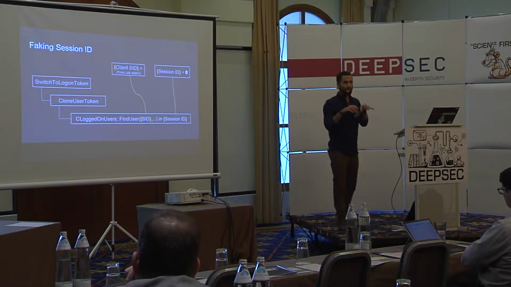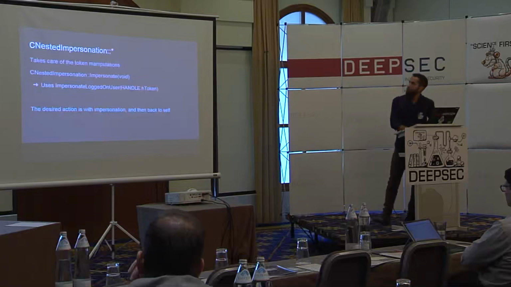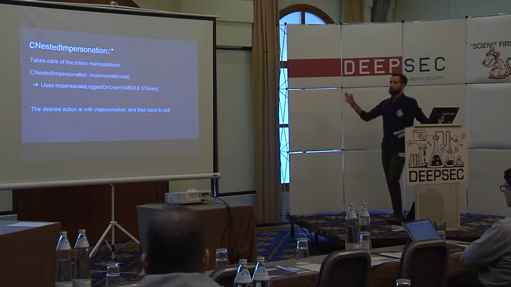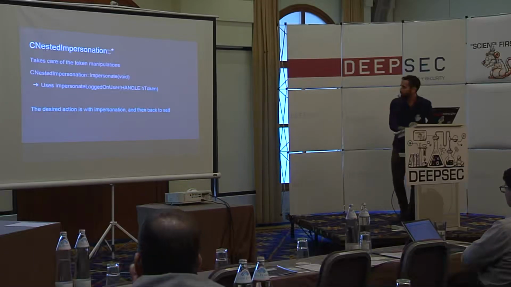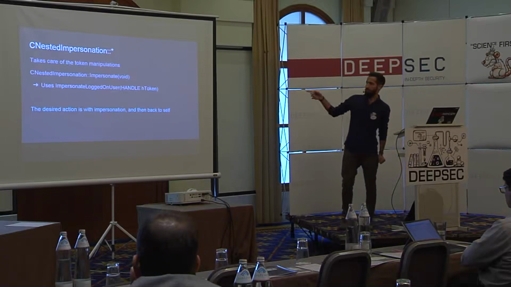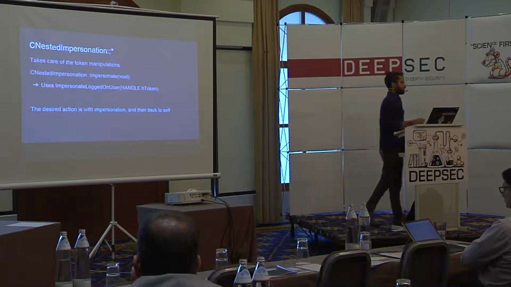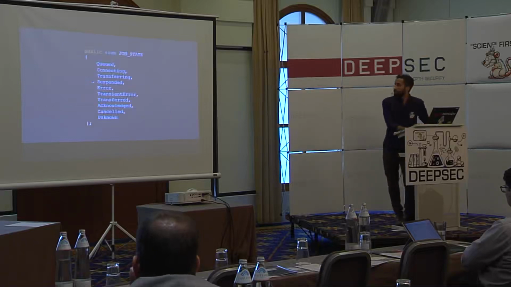It loads the file and all the jobs that are in there and continues with their operation. Just for reference, many of the functions used for token manipulations and impersonations are inside a class called CNestedImpersonation. And when all the checks are done, it uses the API ImpersonateLoggedOnUser to go and do the action as the actual user that requested it.